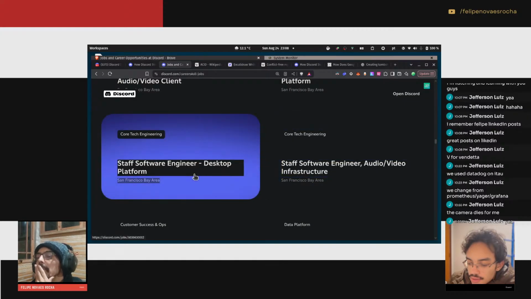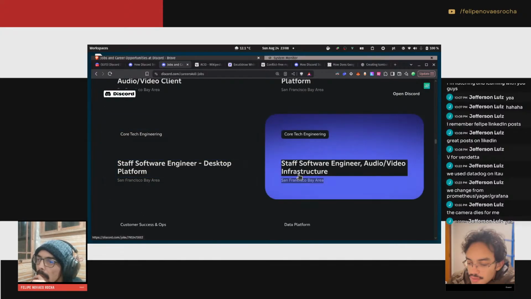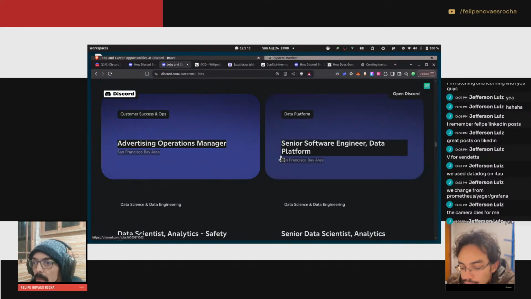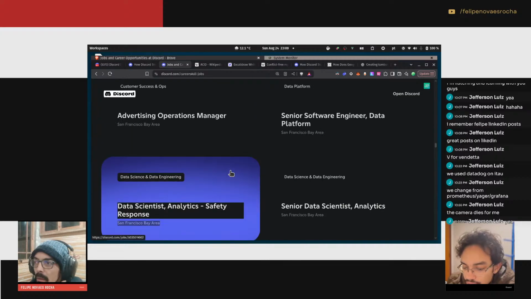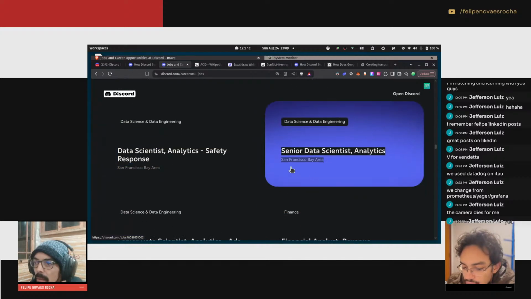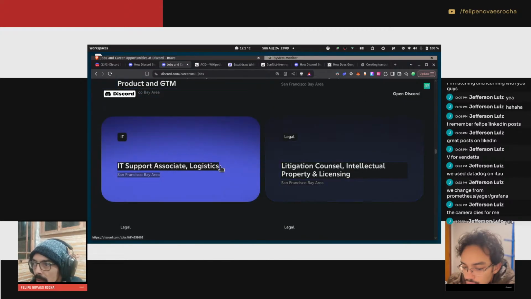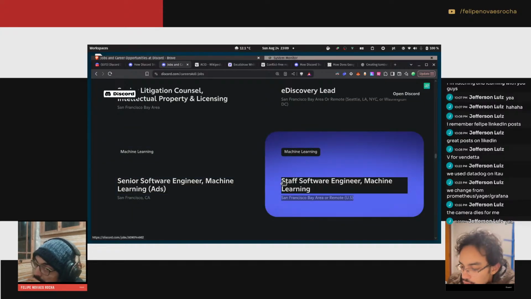Most of the guys are from DevOps. What do you mean? Infrastructure. Yeah. The desktop platform is going to be front end too, because they use React with Electron. Data platform, data science and data engineer, senior data science, analytics, then legal, IT, machine learning, software engineer, machine learning.